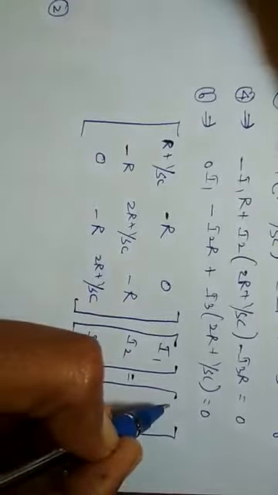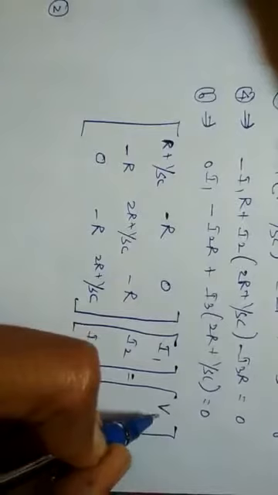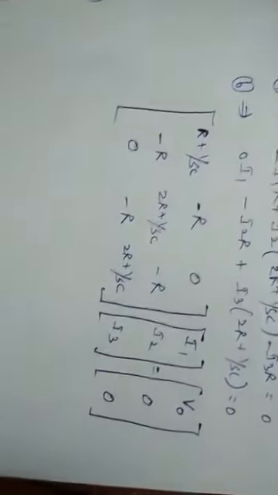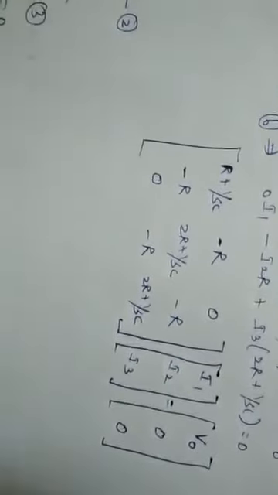And on the right hand side after the equals sign we have Vout, 0 and 0, the loop potentials, and this is a general matrix.